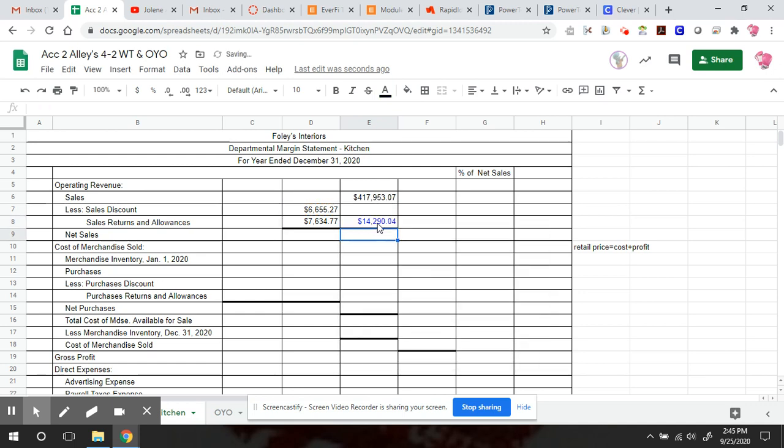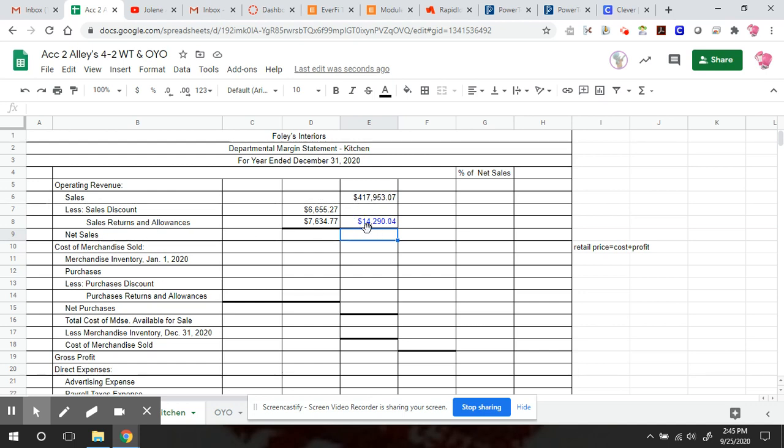Now we have the grand total of the discounts and returns and allowances added together, which is $14,290.04.